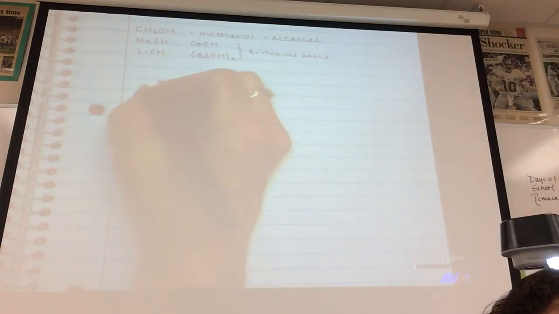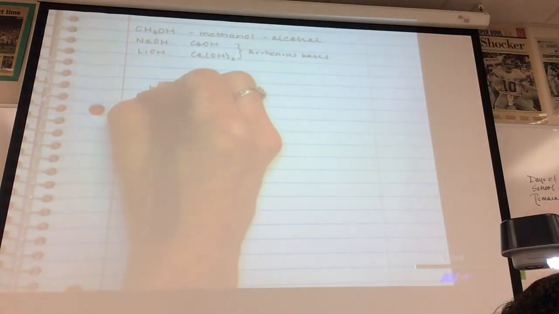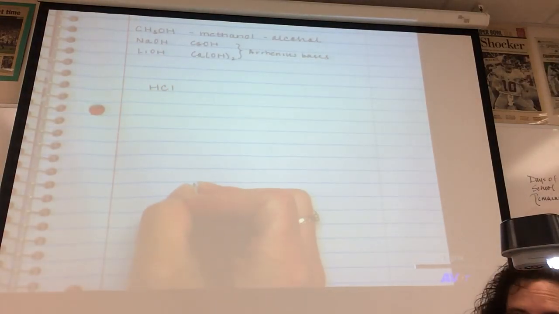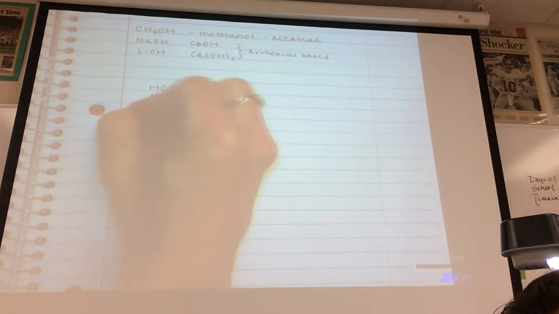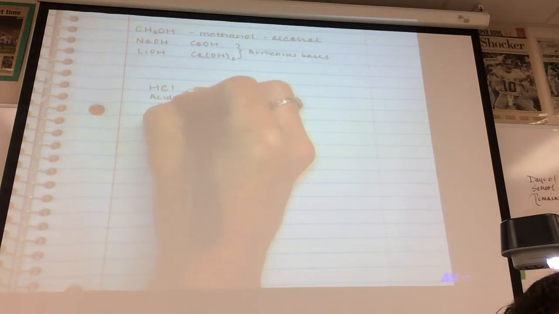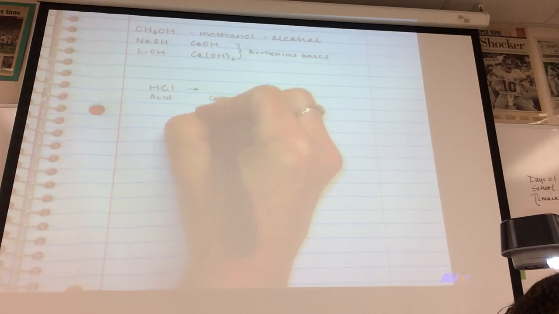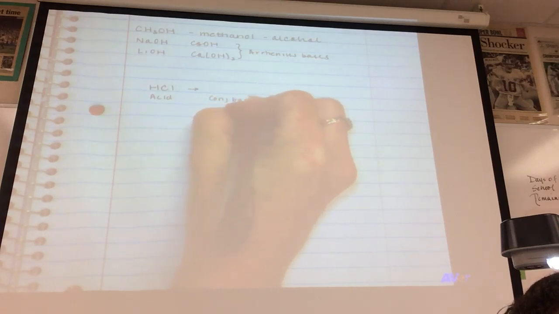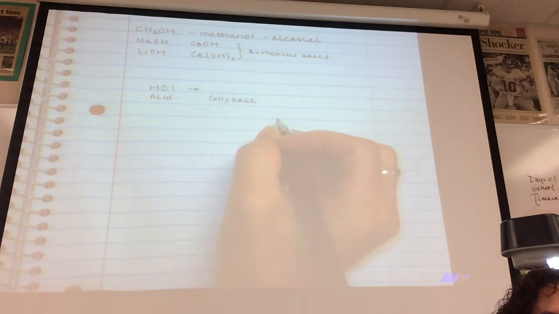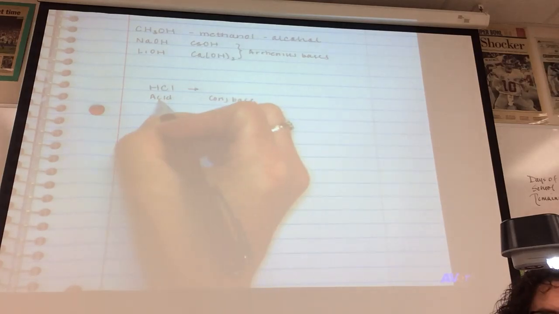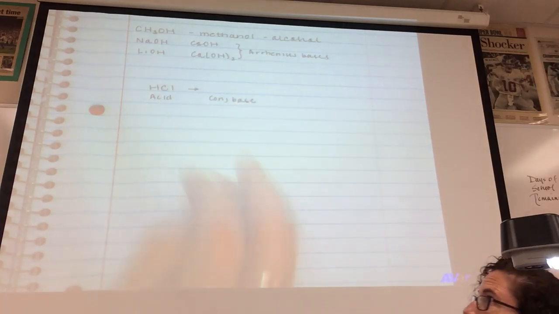One thing I want to show you, for example, if you have hydrochloric acid, this is an acid, and it will form a conjugate base. That conjugate base will differ from the acid by 1 proton.